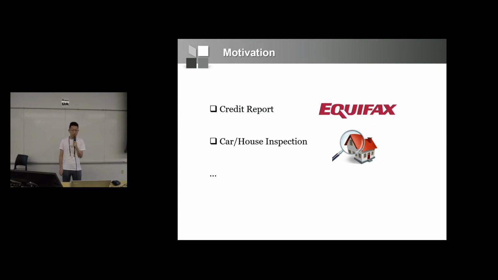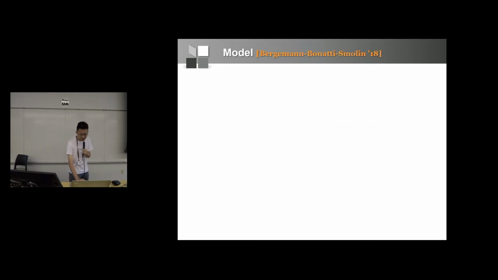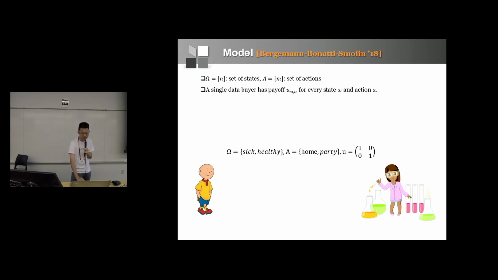And also, if we're going to buy a used car, you may want to use the car inspection before you make the decision to get more information about the condition of the car. So here in this paper, we study a model proposed by Bergemann, Bonatti, and Smolin in 2018. Here we have a single agent who wants to make a decision under uncertainty.